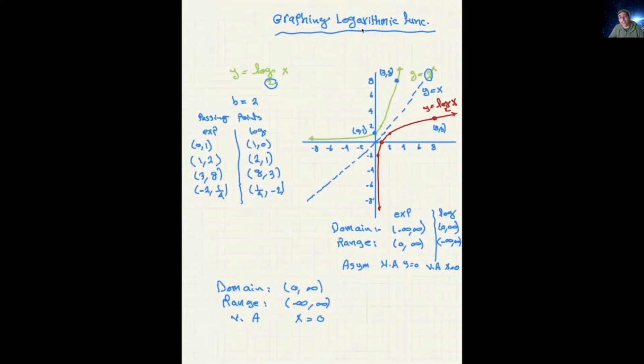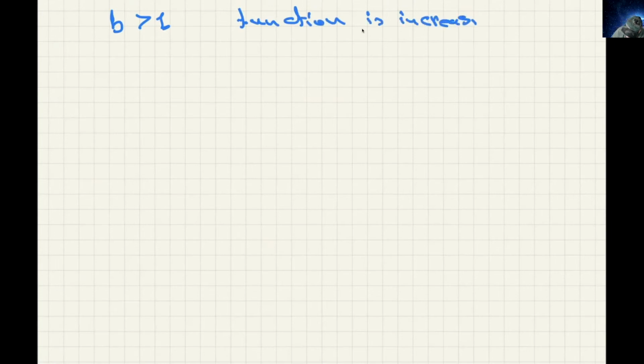So if b is greater than 1 or a fraction, I'm going to talk about that here. If b is greater than 1, the function is increasing. And the way to graph it is that way. So it's the same way that we graphed before.